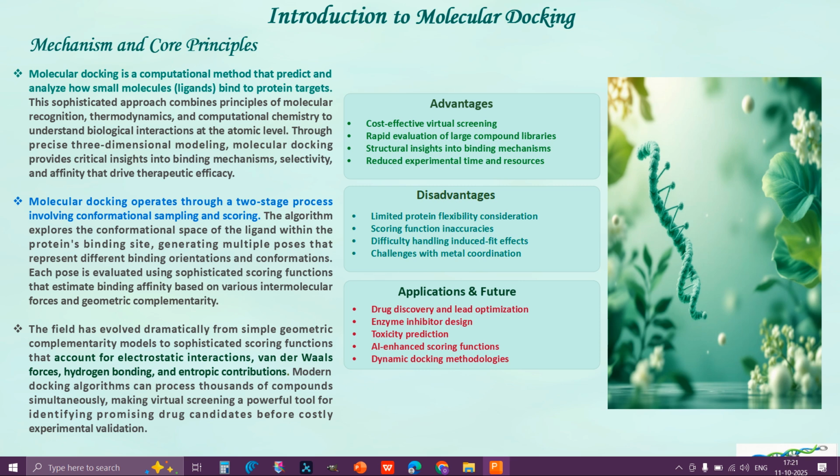Okay, so the algorithm explores the conformational space of the ligand within the protein binding site, and generates multiple poses that represent different binding orientations of your ligand at the protein pocket. Okay, each pose is evaluated by a different score, and this scoring is done with the help of interaction studies.